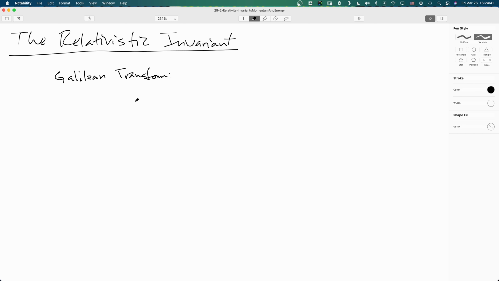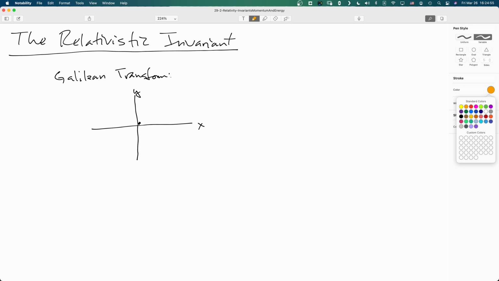we could say have two observers who had coordinate systems that were rotated with respect to each other. So, for instance, let's say this is observer S's X and Y axis, and then we could conceivably have this being observer S prime's X prime and Y prime axis.